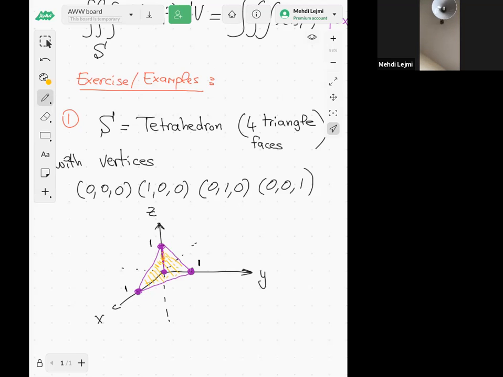I hope you see that this solid has four triangle faces. There is one over here, one here in the bottom, one on this side, and the other side here. So there are four faces, all of them triangles.